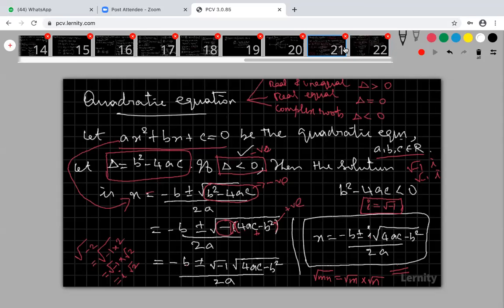If one complex number z is a root of the quadratic equation, then its conjugate is also a root of the given quadratic equation. Both should be roots of the given quadratic equation. Please try to understand. Sir, I am getting one complex root and one real root. Your real root also we can write in our complex form.